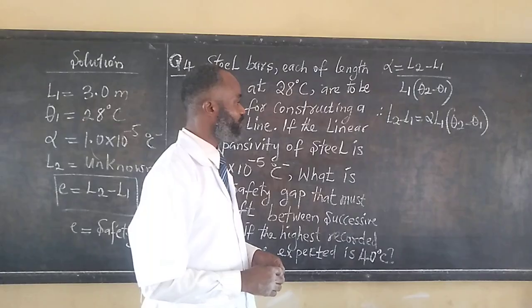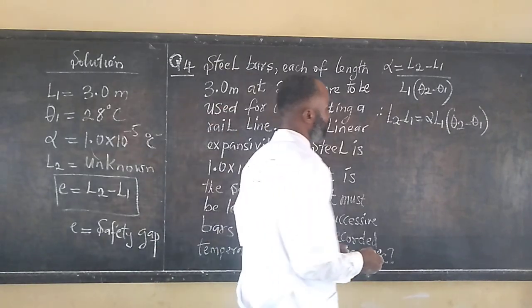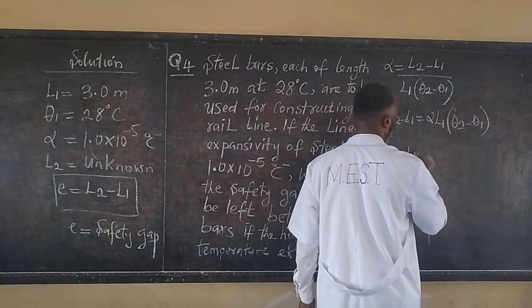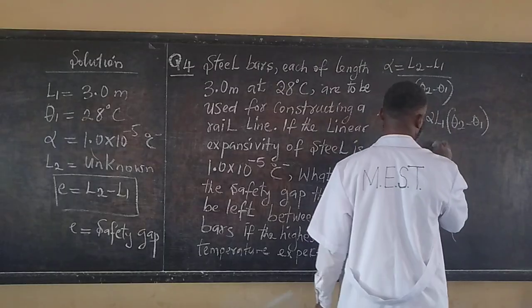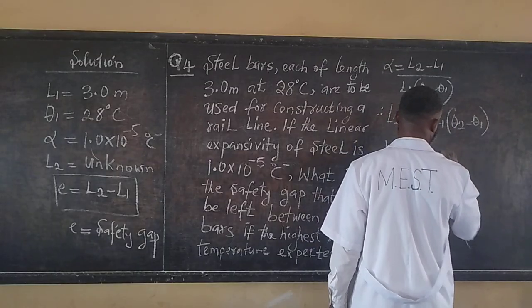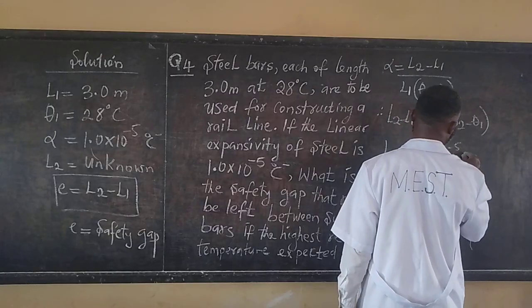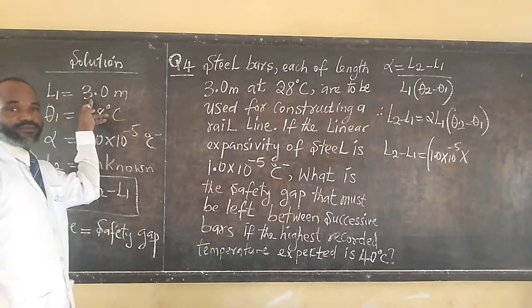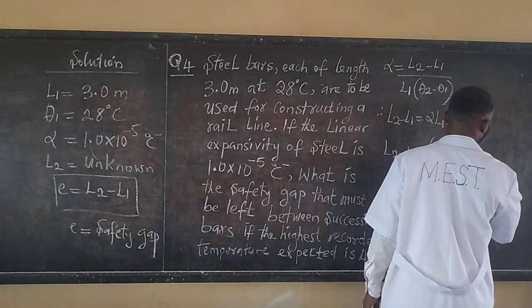If that is the case, we have something to do here. Whatever we have, we substitute. L2 minus L1 is equal to, what do we have as our linear expansivity? 1.0 times 10 raised to the power minus 5. And what do we have as initial length? Initial length is 3. Simple. Then what do we have?